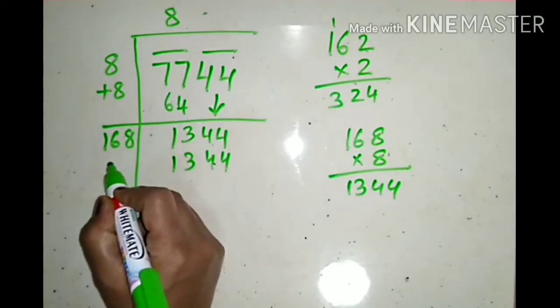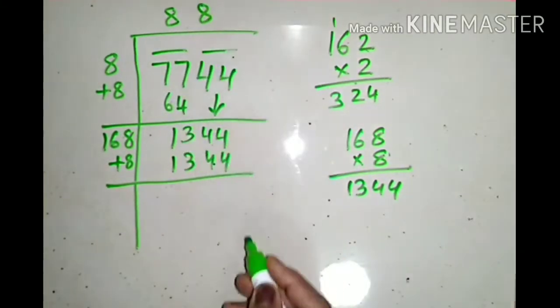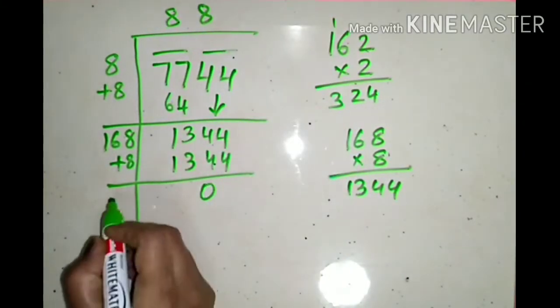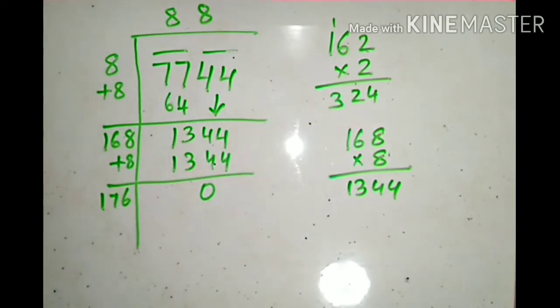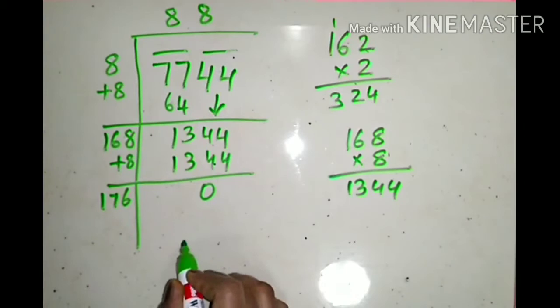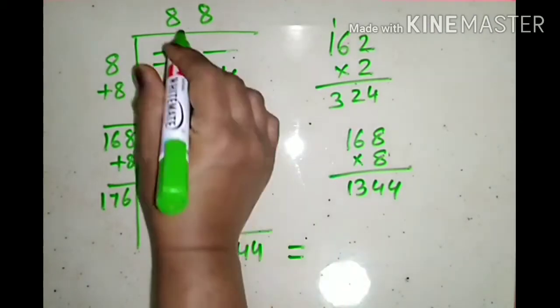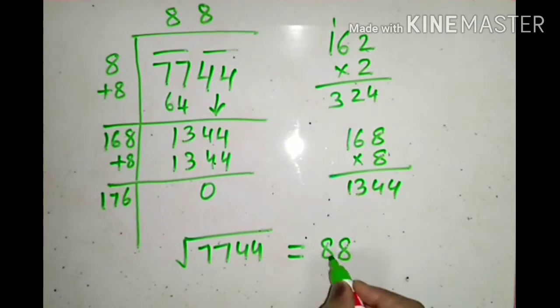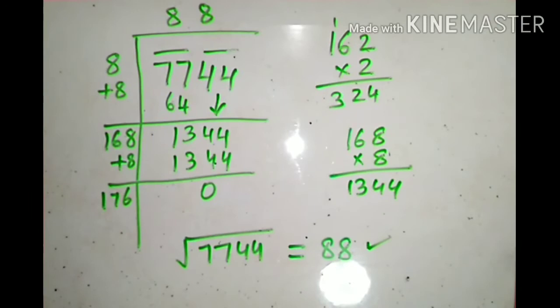We write 8 here plus 8 and 8 here. Remainder is 0. Add these two numbers, 16, 176. Now root of 7744 is equal to 88, and 88 multiplied by 2 is 176. So this is correct.